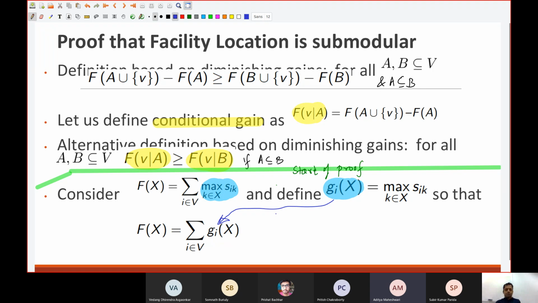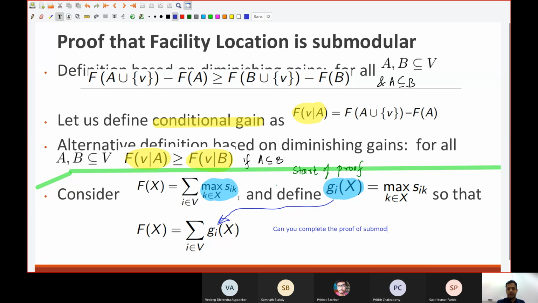How do you complete this proof? The hint I'm giving is use conditional gain, which I've already provided, and use this g_i. Can you complete the proof? Please try. Can you complete a proof of submodularity of F based on g_i and use of conditional gain? Just give me the basic idea, even if you don't want to write the whole thing.